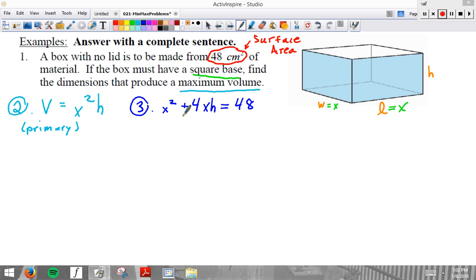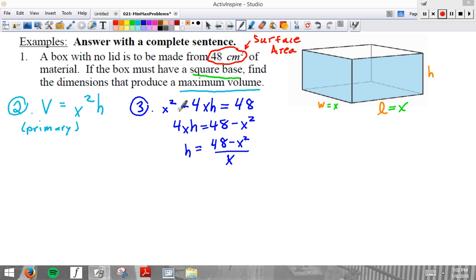So here we go. We're going to solve for h, subtract x squared from both sides, get 48 minus x squared, divide both sides by 4x, you would get h equals 48 minus x squared over 4x.